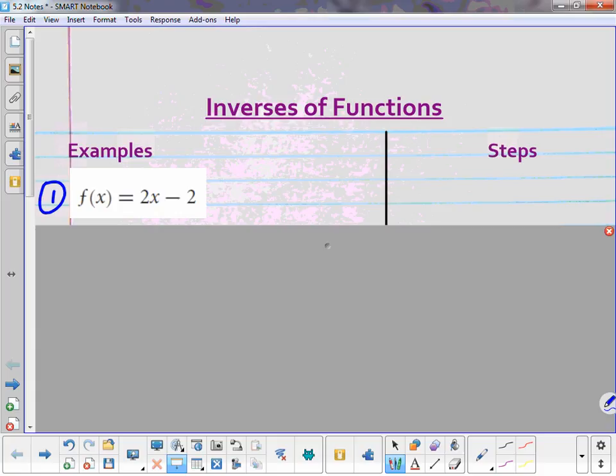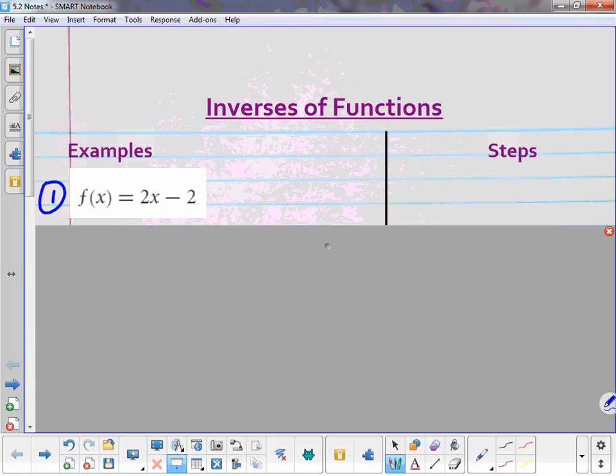All right, so when we look at this example of 2x minus 2, think what's the opposite of multiplying by 2 and subtracting 2 from x? Okay, so think of that when we get to the answer. We'll see if it makes sense.